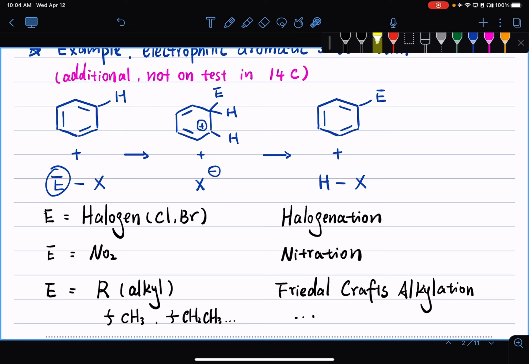So we have so many different reactions in organic chemistry, but halogenation, nitration, and Friedel-Crafts alkylation all have the same reaction mechanism, which means you don't have to remember everything. You just need to know how things are taking place, and from there we can easily derive or predict the product of a chemical transformation.